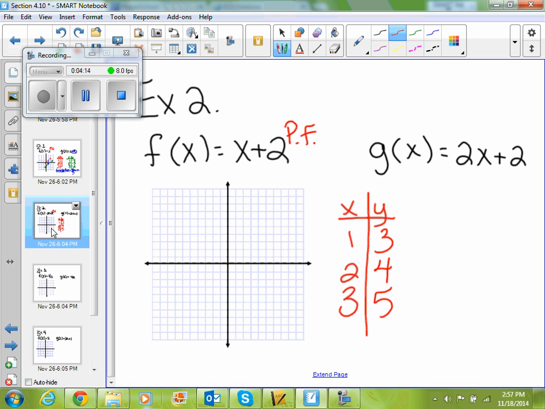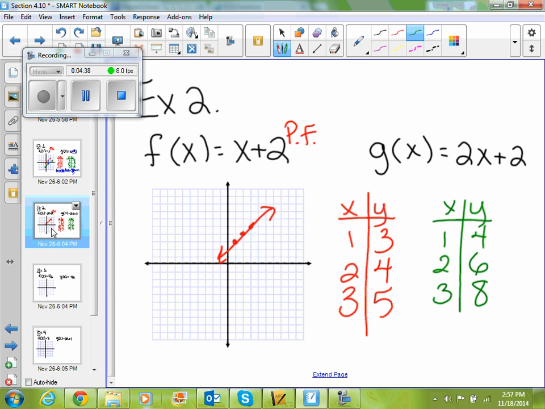So 1, 3, 2, 4, 3, 5. That's going to be my first function. My second function is g of x, where I'm taking 2x plus 2. So times 2 plus 2. 1 times 2 is 2 plus 2 is 4, 2 times 2 is 4 plus 2 is 6, and 3 times 2 is 6 plus 2 is 8. So 1, 4, 2, 6, 3, 8.